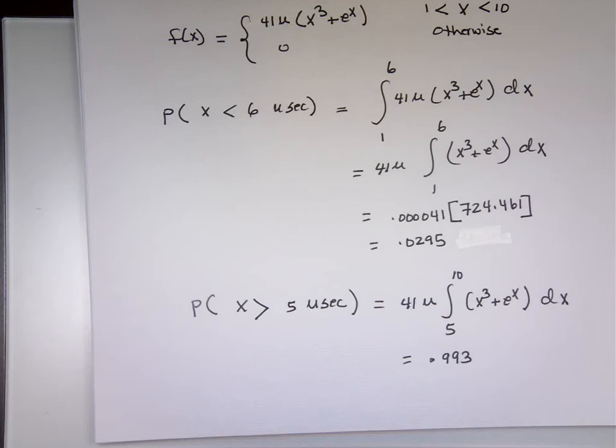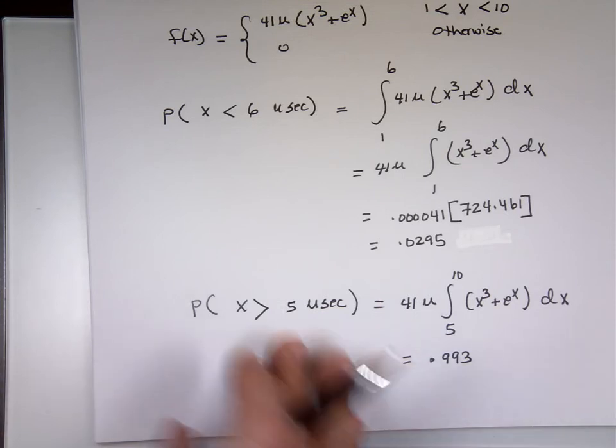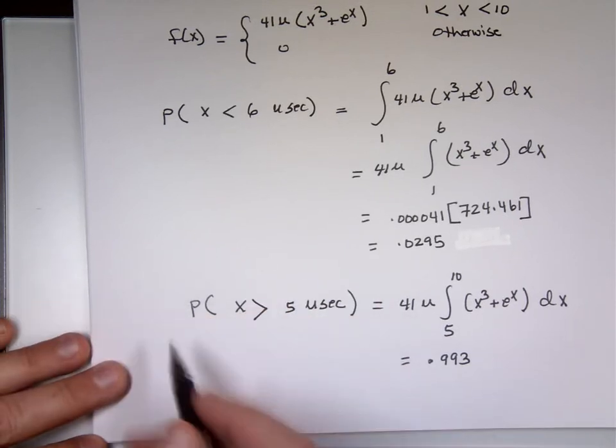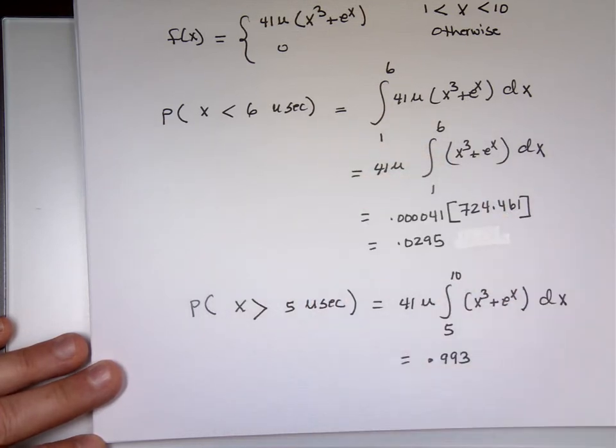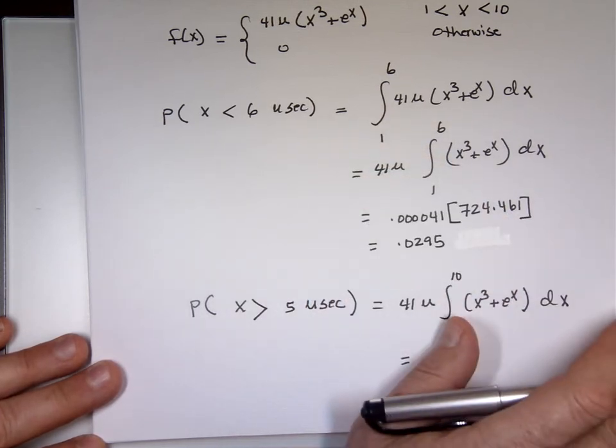Now, if you want to find the probability between like 5 and 7, then just change the limits to 5 and 7. Just reintegrate that.